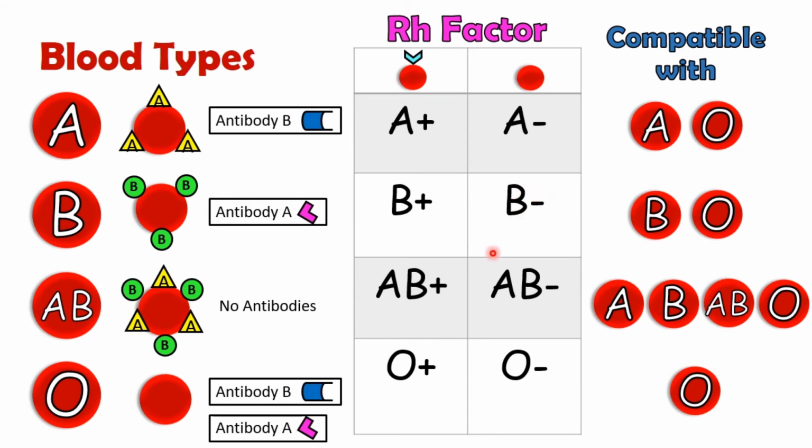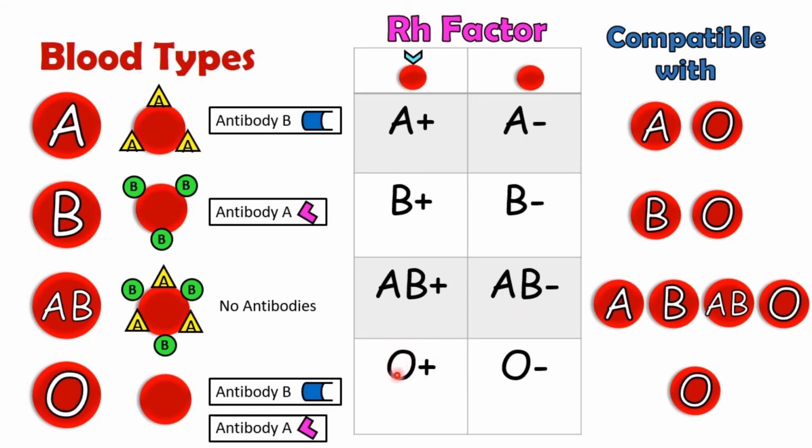B negative. And if the person has AB blood with the RH factor, it means that the AB blood becomes AB positive, and if there is no RH factor, the AB blood type becomes AB negative. And lastly, the same goes with the O person.